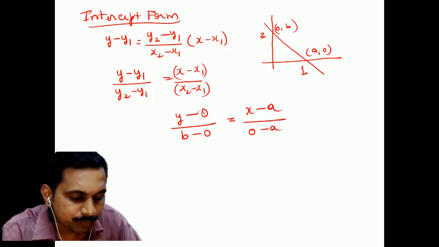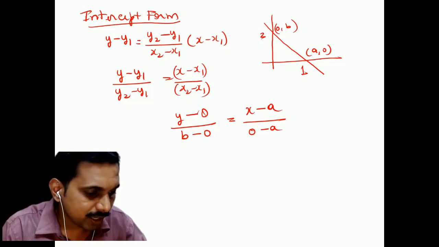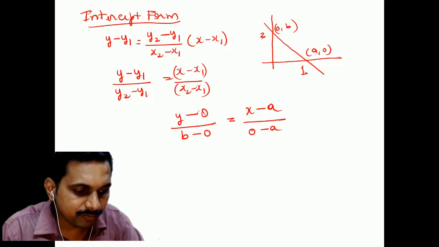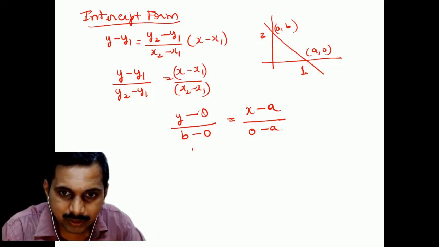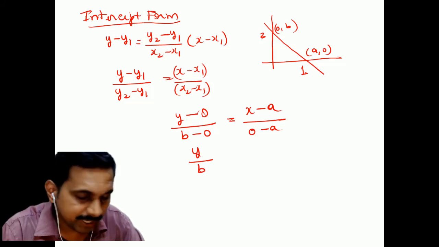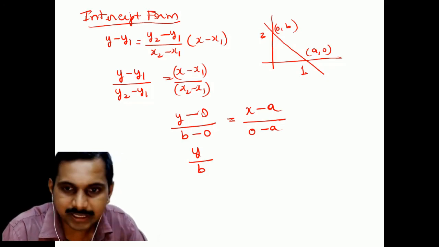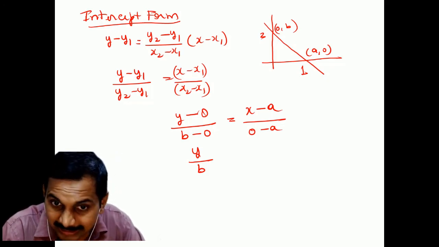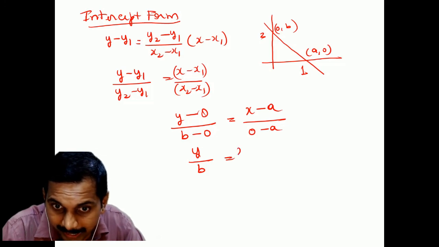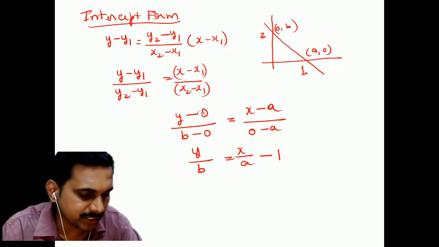Correct? So when we solve this, what we get here is y by b is equal to, I'm sorry, I think I made a mistake here, x minus a. Yes, this is equal to x by a minus 1. Agreed, students?